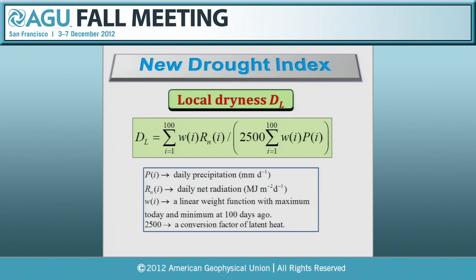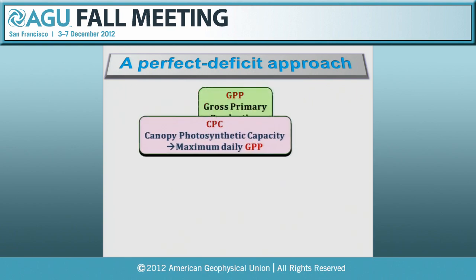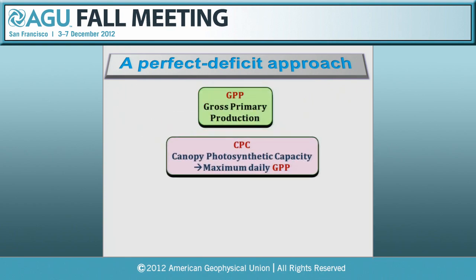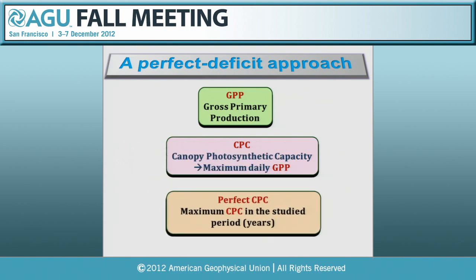So today's precipitation has maximum weight. And we developed this perfect deficit approach with concepts of GPP, CPC and perfect CPC.